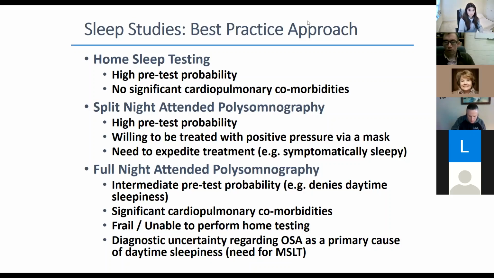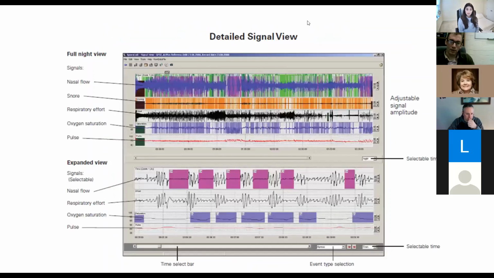So that might be a cohort for whom we would order a split night attended study if they're coming into the lab. Some people just need requalified to get a new machine, and they do great with CPAP. That's another group we might bring in for a split night. But those are the basic tests we do.